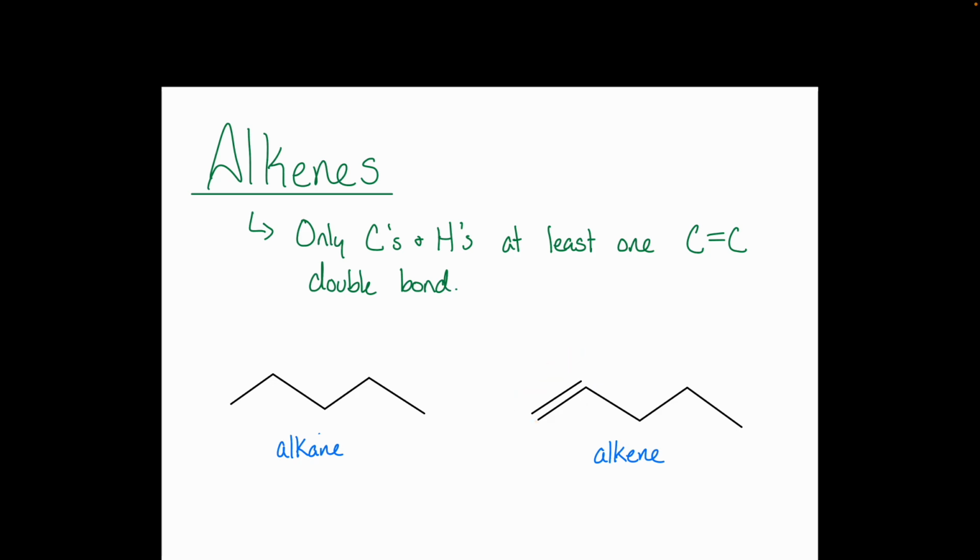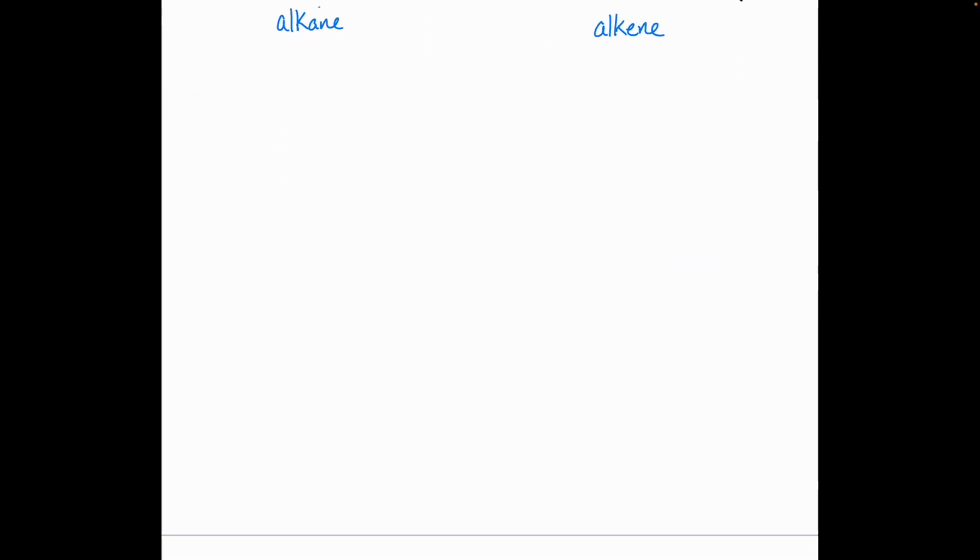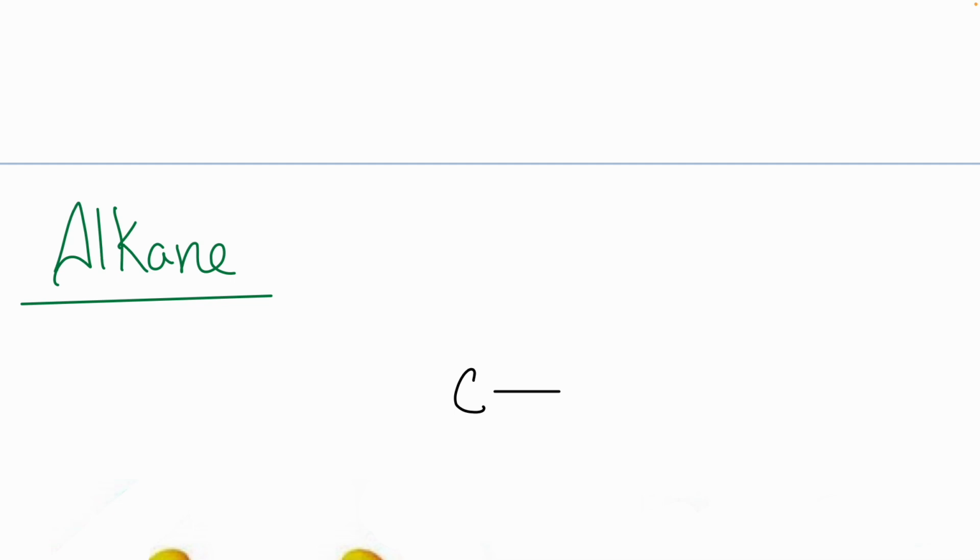All right, so let's talk about the nature of that double bond for a second. Okay, so alkanes. We're going to take a look at a simple alkane, ethane. We're going to draw out the Lewis structure here. Ethane meaning only 2 carbons, all the rest hydrogens. In these molecules that contain only single bonds, these bonds are what we call sigma bonds.